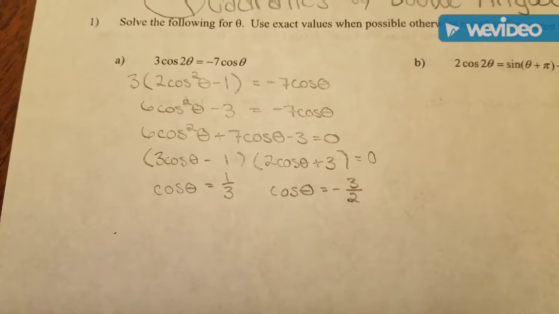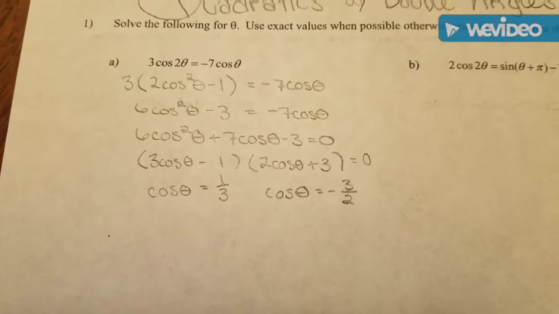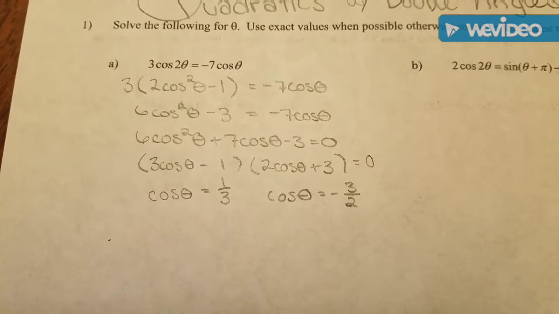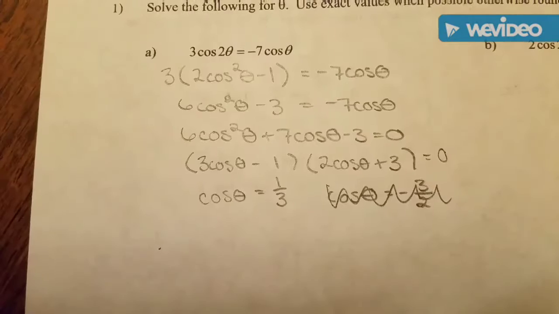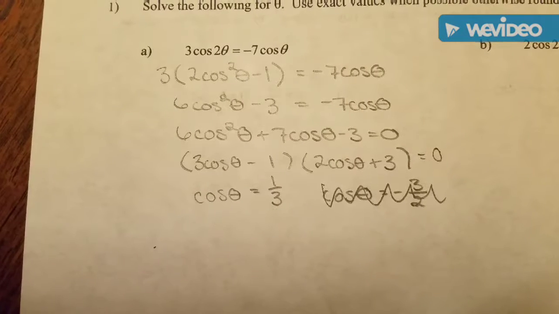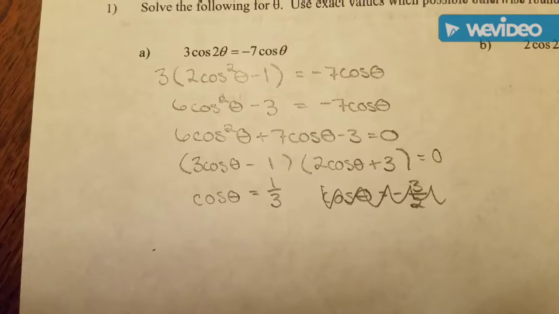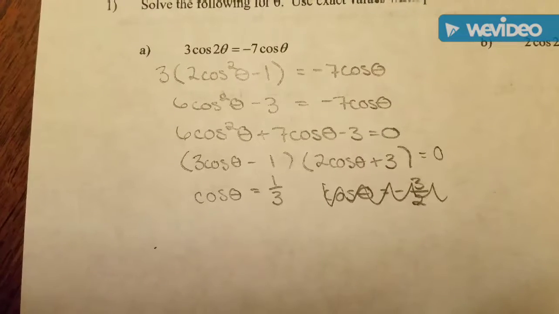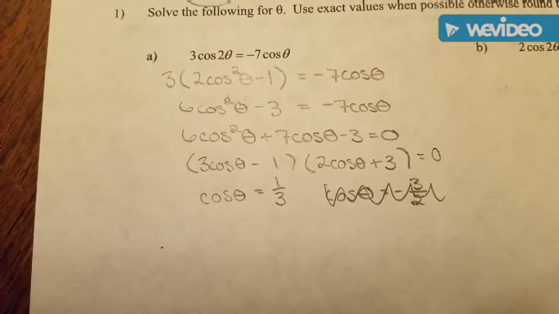But since our values have to be between 1 and negative 1, we can cross out negative 3 over 2 because that is not a possible solution. So our only value for cosine theta is 1/3. Since this isn't a special angle, we're going to have to use our calculator to solve it.